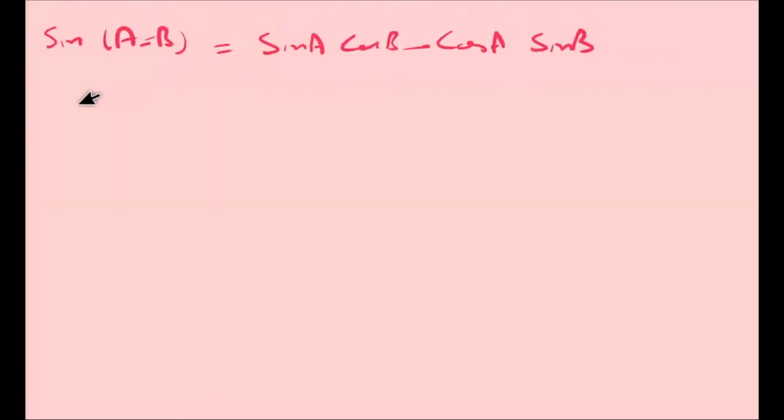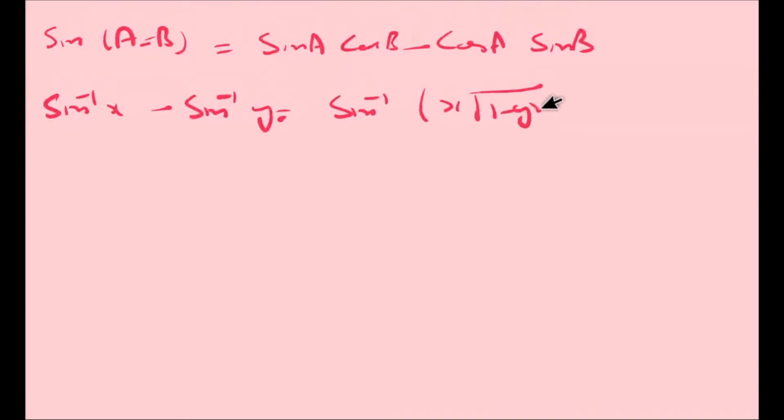Now we are talking about the formula sine (A minus B), that is sine A cos B minus cos A sine B. Similarly, sine inverse x minus sine inverse y is sine inverse of (x under root 1 minus y square minus under root 1 minus x square into y).